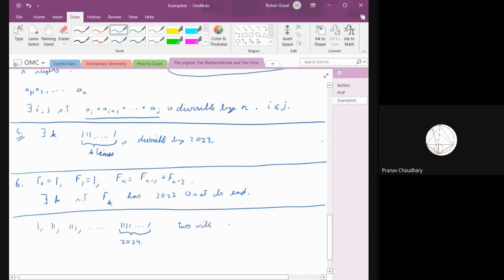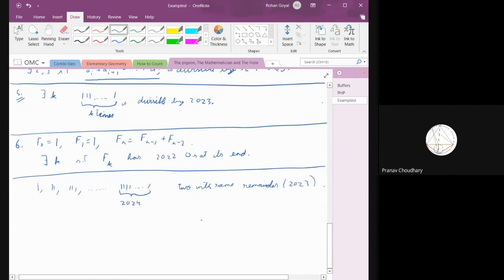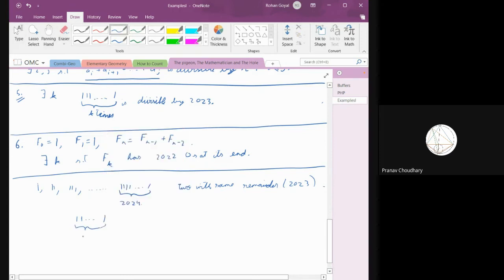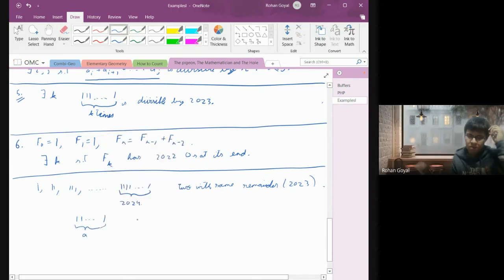Say one is of length A and another is of length B, and A is greater than B. Now you subtract, A minus B. So it's a number of the form 1, 1, 1, A minus B times, followed by some zeros. And wait.